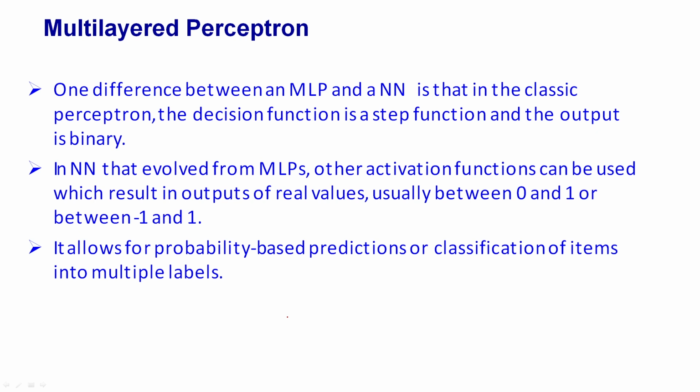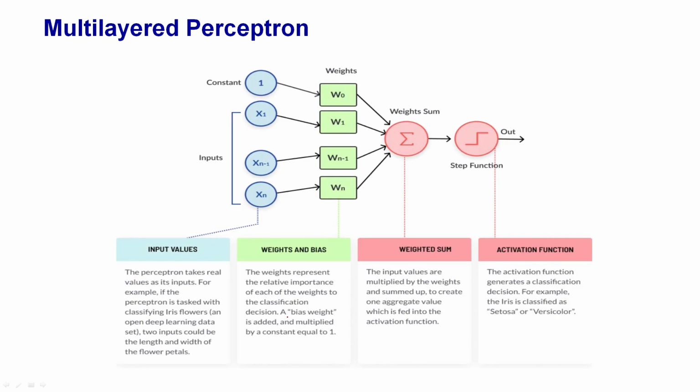So, this is a very thin line between the multi-layer perceptron network and the neural network. But the major difference, I find, is that the decision-making function is a step function in multi-layer perceptrons or MLPs, and in a neural network it can be any other activation function, and therefore, it can give you other real values, not only 0 and 1. So, that is what is shown here, a multi-layer perceptron.